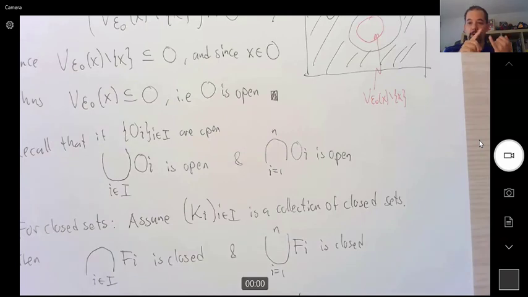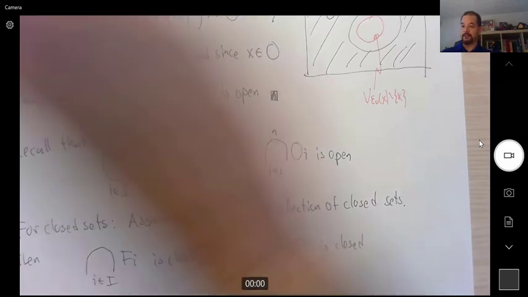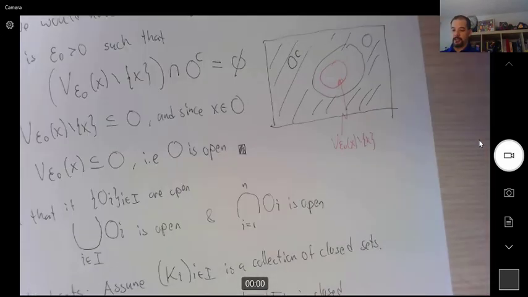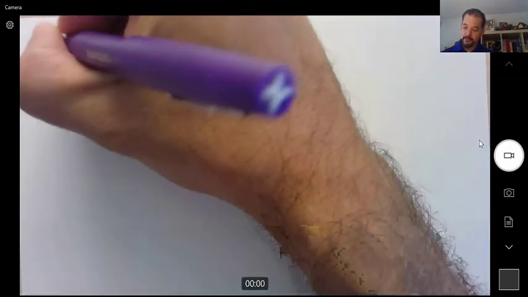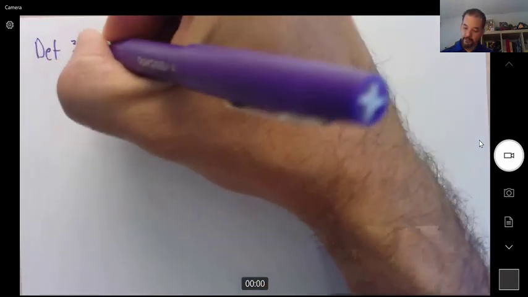We learn about open sets and closed sets, and the additional one is compact sets. So we have to know what is a compact set. And I'll at least start with the definition, and we'll pick it up on Monday and continue the week after.